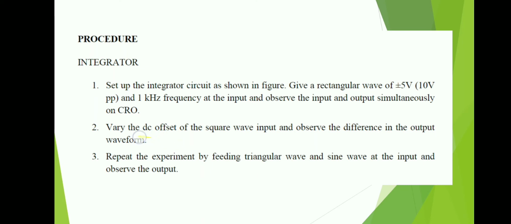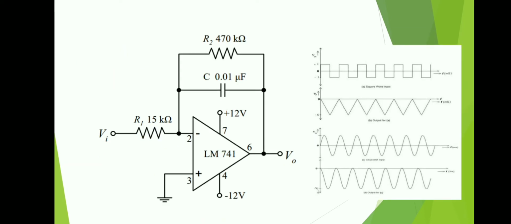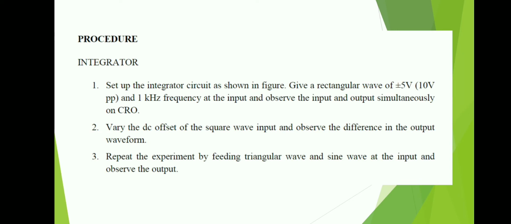Vary the DC offset of the square wave input and observe the difference in the input and output waveform. Repeat the same experiment by feeding a triangular wave and a sine wave at the input and observe the output.